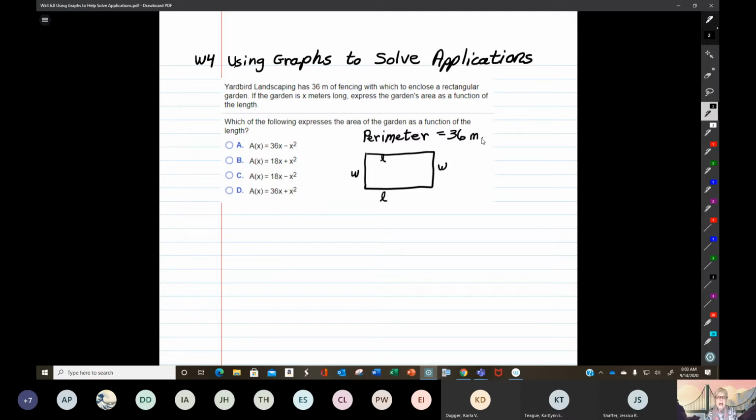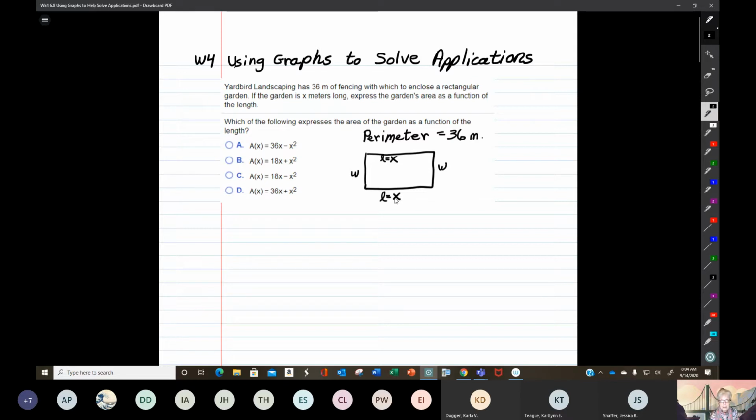Okay. Now, if a garden is X meters long, well, so much for my L's. Well, now wait a minute. We don't have to move that quickly. We'll let the length be X. If the garden is X meters long, express the garden's area as a function of length.